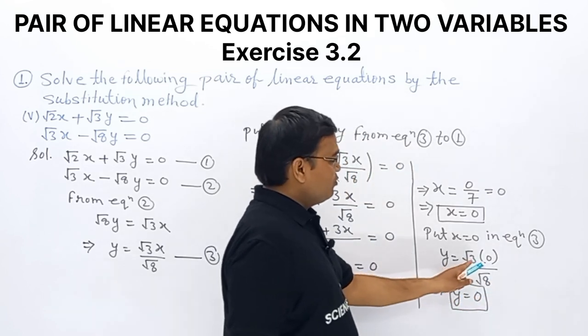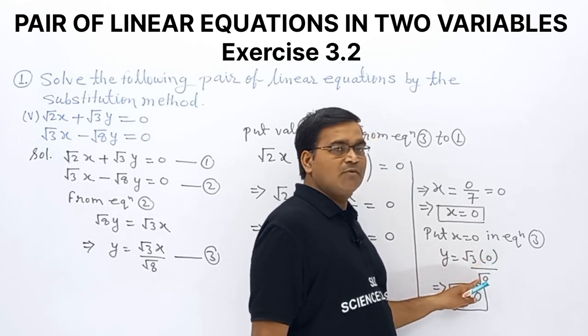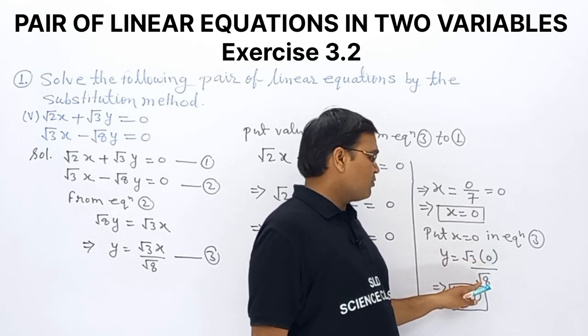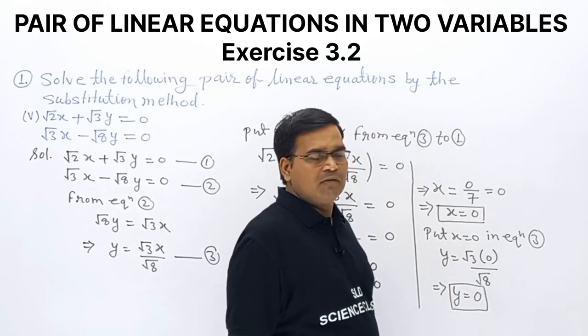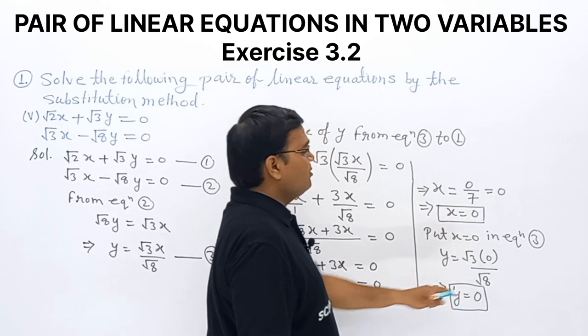How? Once we multiply any number by 0, the result is 0, and 0 upon square root of 8 is 0. Clear? So the result for y is 0: x equals 0 and y equals 0.